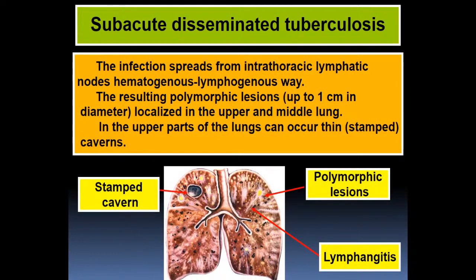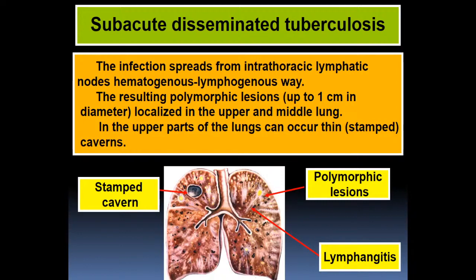Next form of the disseminated tuberculosis is named subacute dissemination. In this form of tuberculosis, the infection spreads from intrathoracic lymph nodes, by hematogenous and lymphogenous ways.